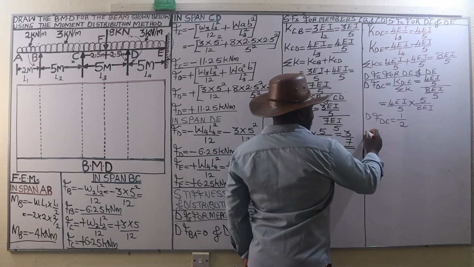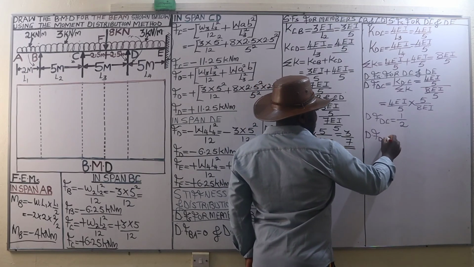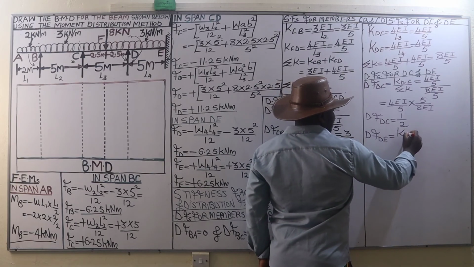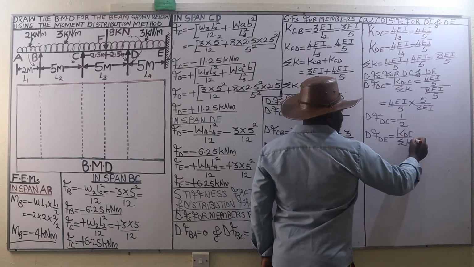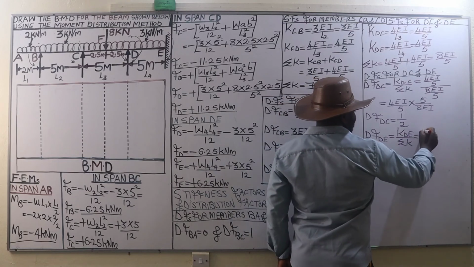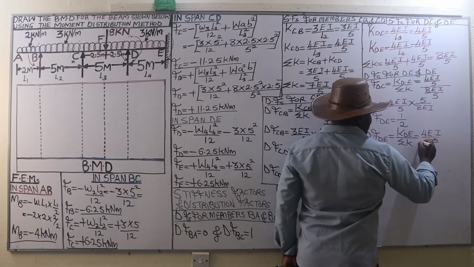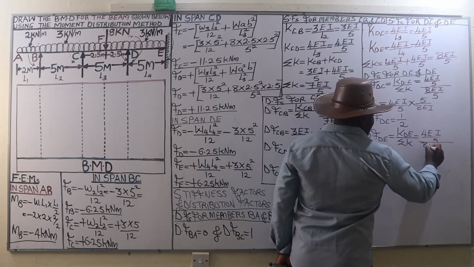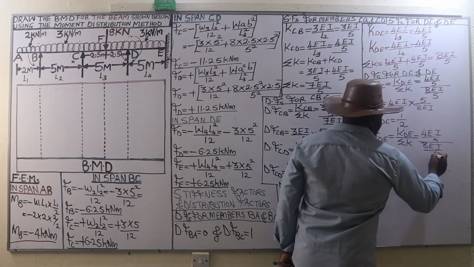Then we go to the distribution factor for member DE, which will be given by the stiffness factor for member DE divided by the summation of stiffness factors. This is equal to 4EI over 5 divided by the summation of stiffness factors, that is 8EI divided by 5.